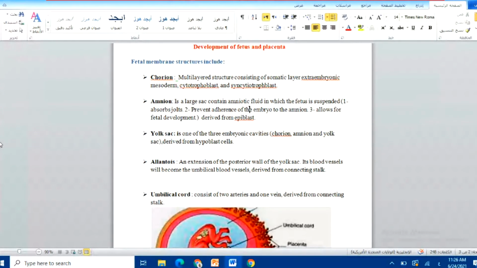It also allows the fetal membrane to move or develop. So the movement here will help, just like swimming. The baby will look like he's swimming inside this fluid, the amniotic fluid.